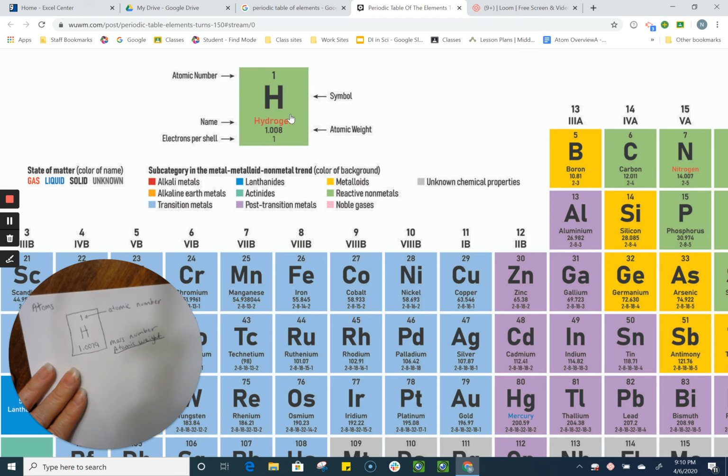basically, what those numbers tell you, they're little clues that can help you figure out trends in the periodic table. I am not one that makes people memorize the periodic table, because if you're going to be working in science or if you're going to be a chemist, you're going to have a periodic table in front of you.